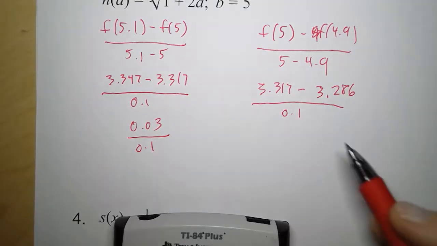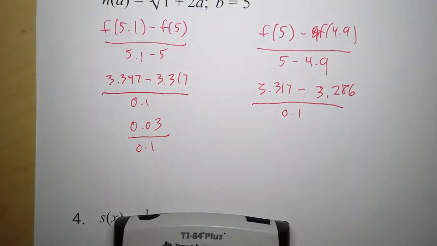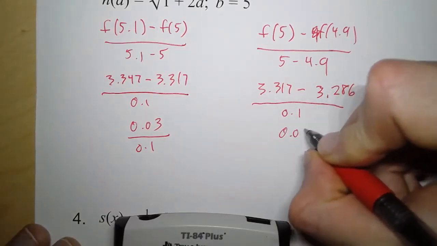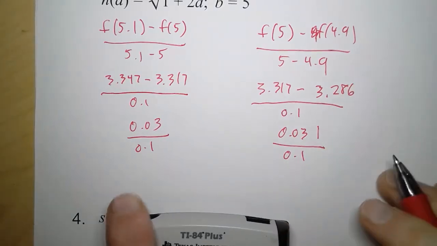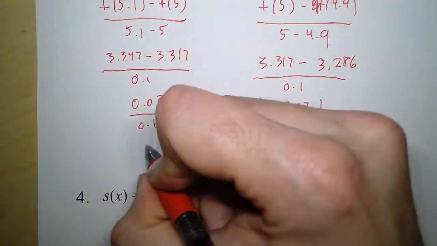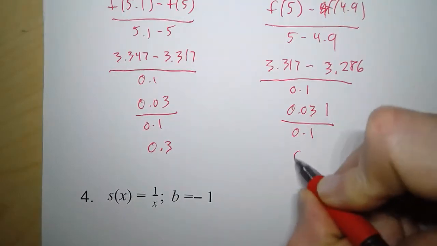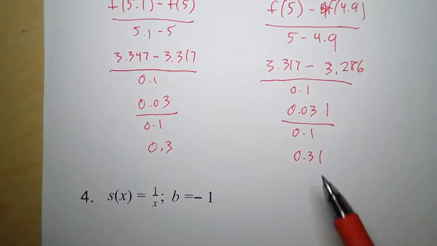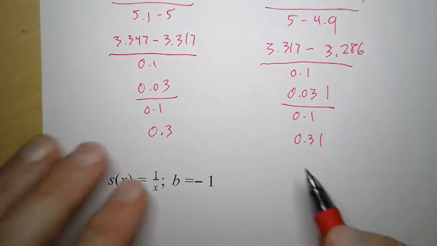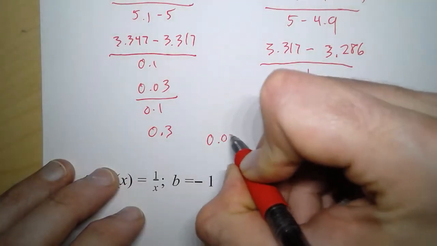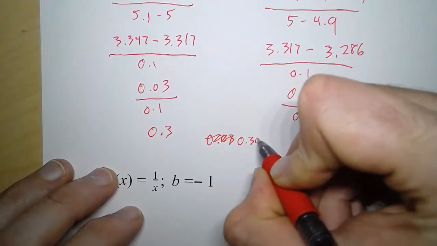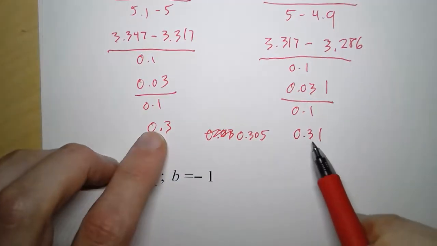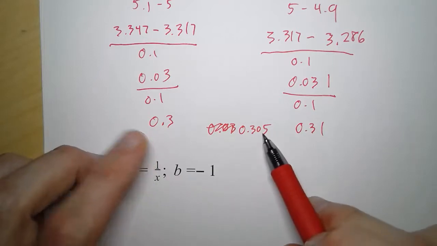Here we have 0.031 over 0.1. So when we divide both of these by 0.1, we get 0.3 and 0.31. So the in-between slope between these two is 0.305. And again, we want to find in between these two, and that number is exactly in the middle.